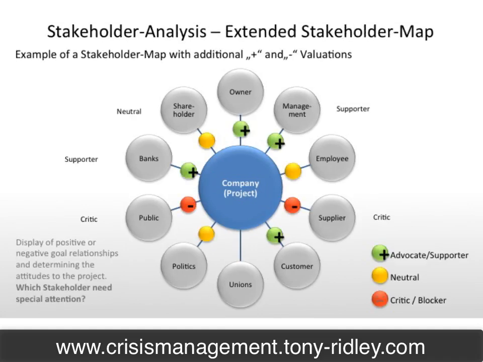From there, whether you choose to use colours or not, we can start to use positive and negative aspects. We can start to evaluate in what context these relationships exist. Are they pro? Are they anti? And not only from a historical position, but what is their stance over this particular issue?